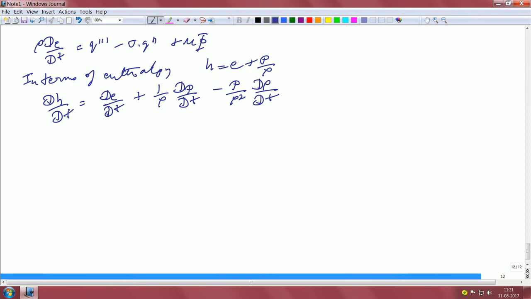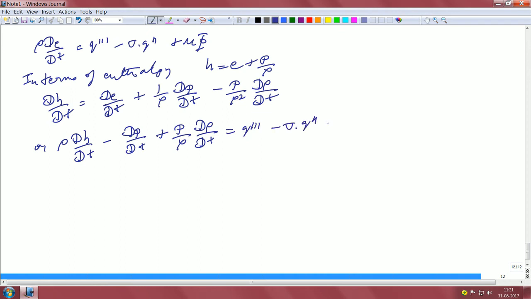This is just a simple expansion. Or in other words, rho dH/dt minus dP/dt plus P by rho d rho/dt is equal to q triple prime minus q double prime, plus mu times phi, the viscous dissipation term.